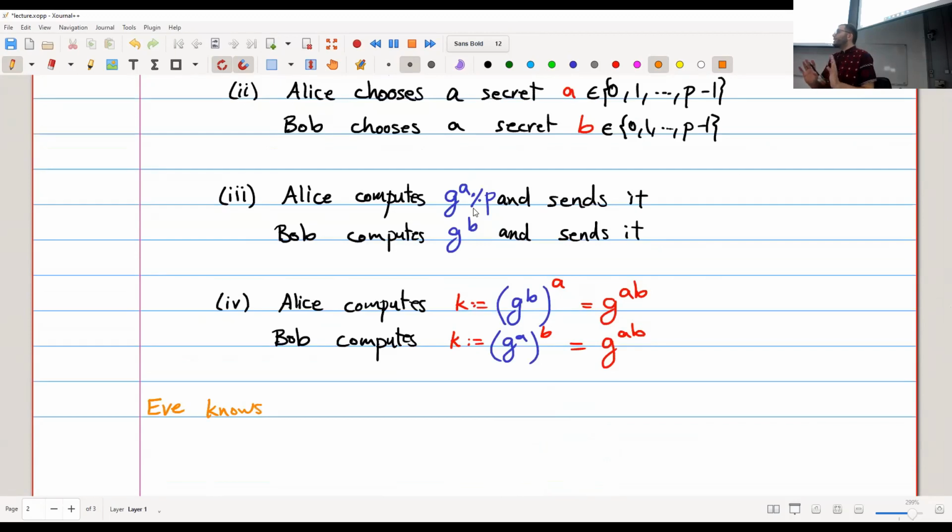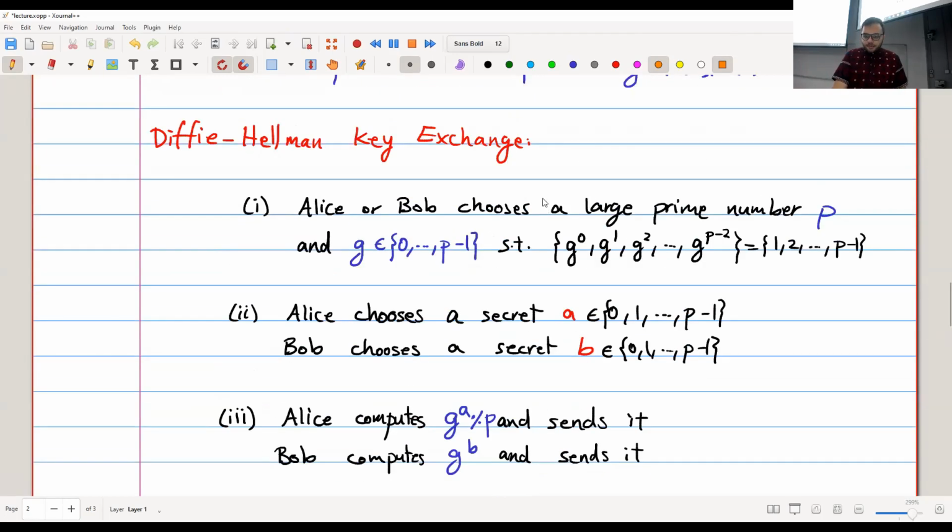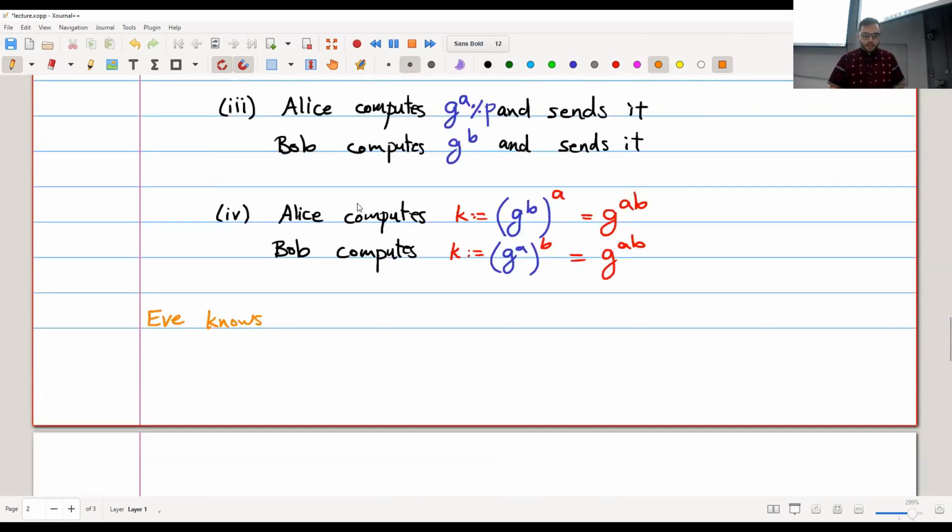So I'm not going to write that as part of the information for Eve. So Eve knows what our algorithm is. But other than that, she knows P and G because these were numbers that were leaked, basically. Alice sent them to Bob or Bob sent them to Alice. So these are public. So Eve knows P and G.